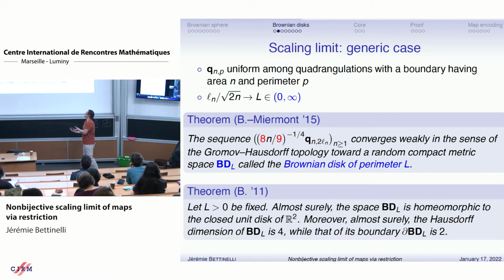It looks like the Brownian sphere, but it's now a Brownian disk. It has the topology of the disk, and the Hausdorff dimension is also known. It's the same as for the Brownian map, 4, but we can also look at the boundary. Here the boundary has dimension 2. This is a result with Grégory Miermont.